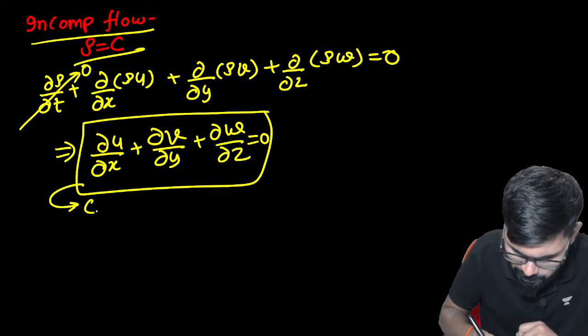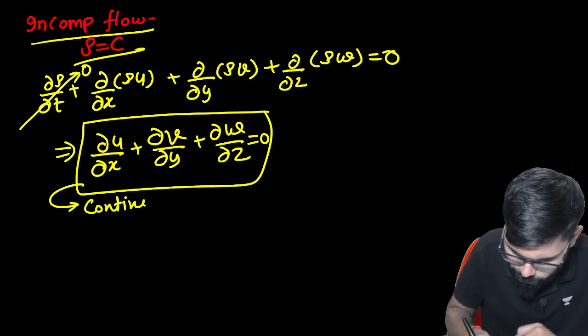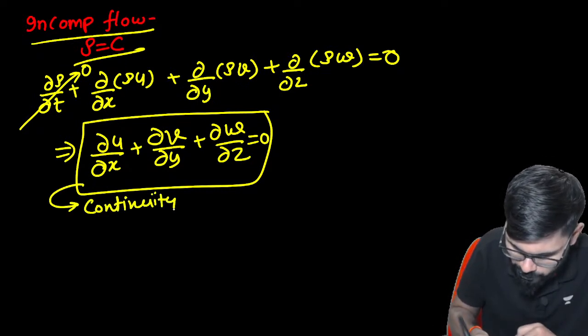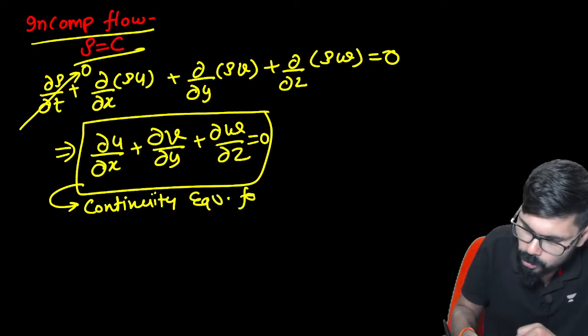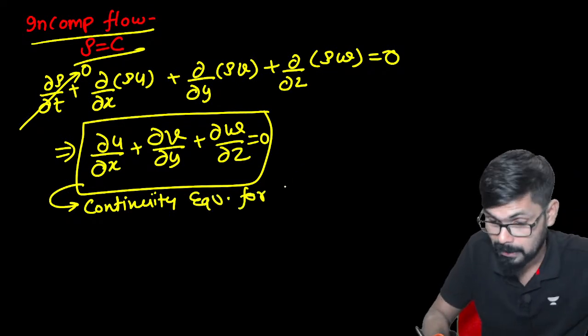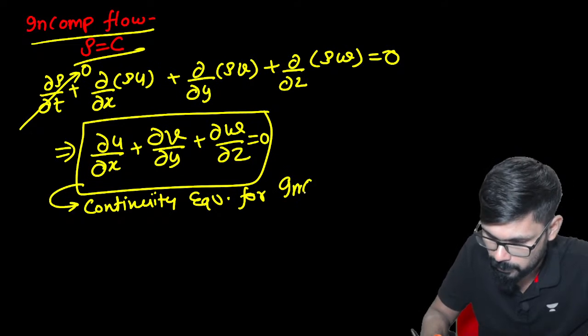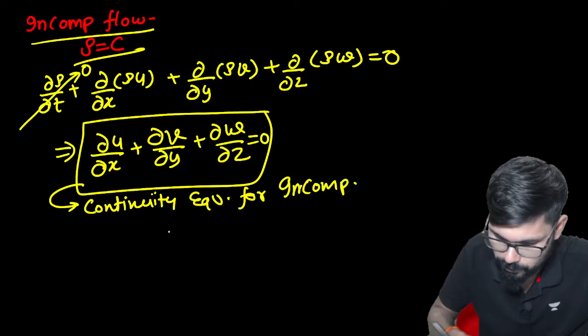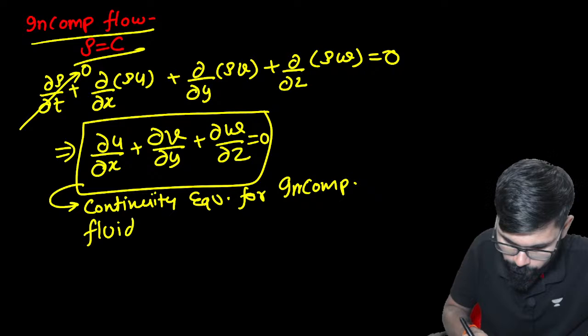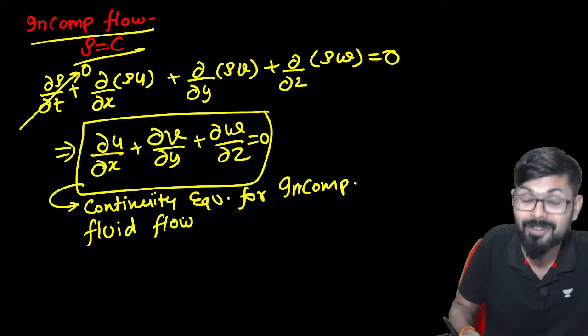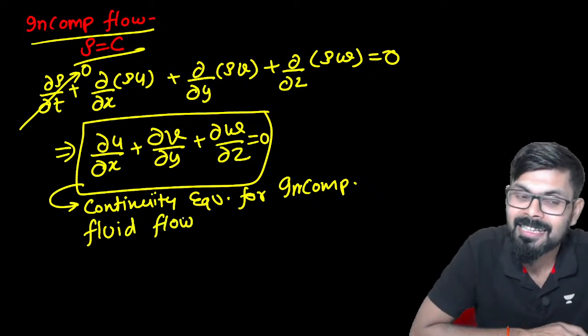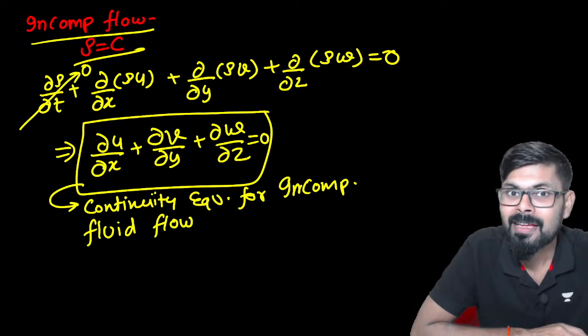So this is the continuity equation for incompressible fluid flow. Now tell me, is it valid for steady or unsteady? Sir, here the t term is not there, that's why it is for steady.